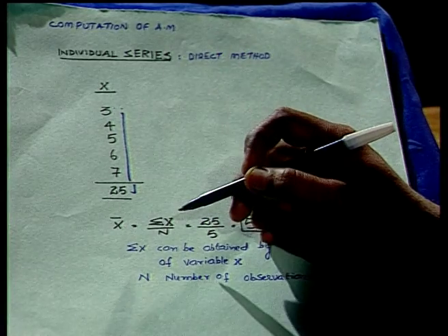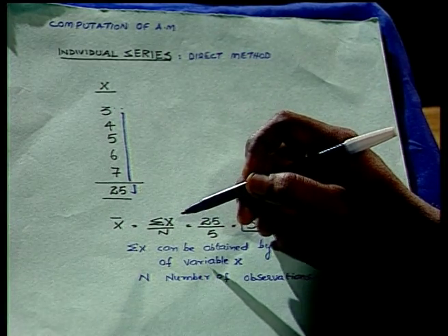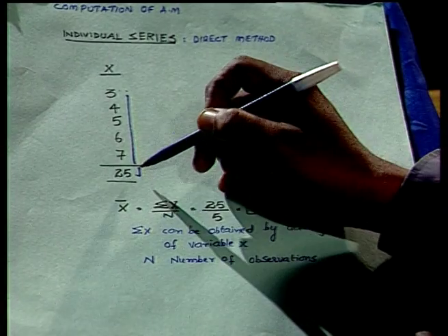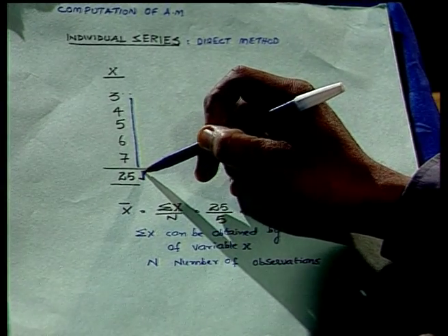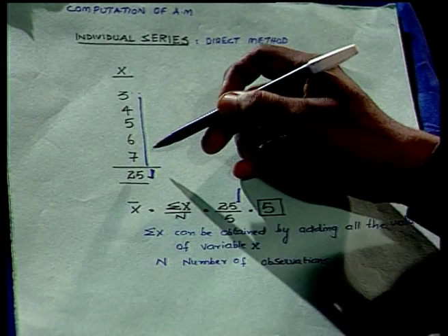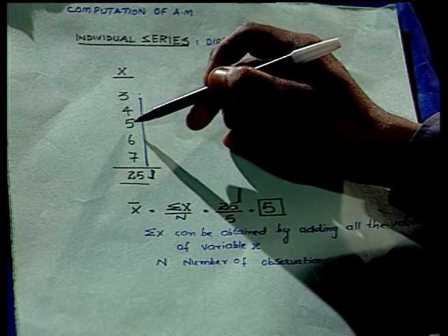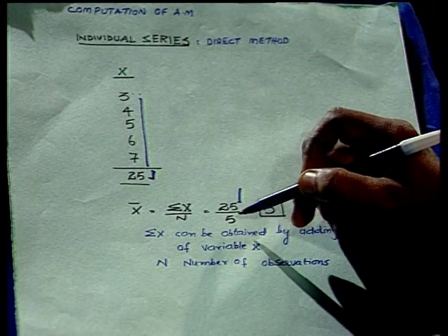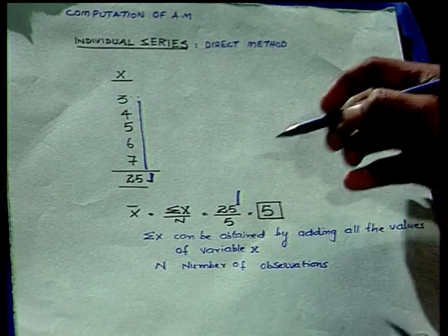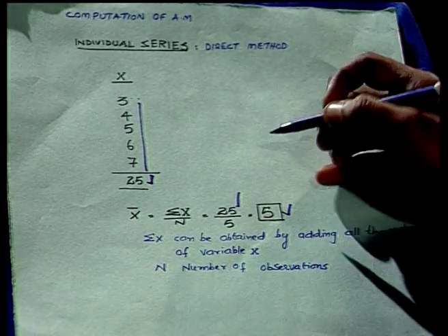The formula used for computation of arithmetic mean for an individual series by the direct method is x bar, which is the arithmetic mean, is equal to sigma x by n, and we have already arrived at these figures. That is, sigma x is 25 here, and n, which is the total number of observations, 1, 2, 3, 4 and 5, is 5 here. So 25 divided by 5 will give you arithmetic mean 5.